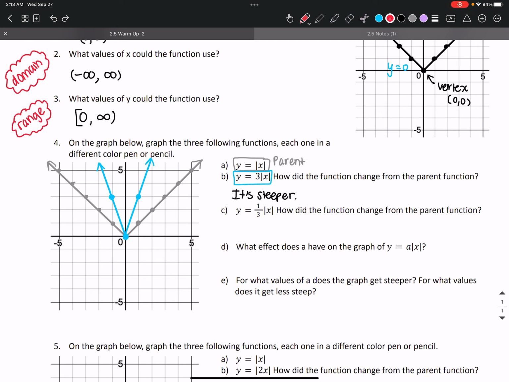What we call this in math is a vertical stretch. So we are basically taking the graph, taking the V shape, and we're pulling it up and down, and that makes it skinnier or steeper. So we're pulling it like this. It's a vertical stretch.